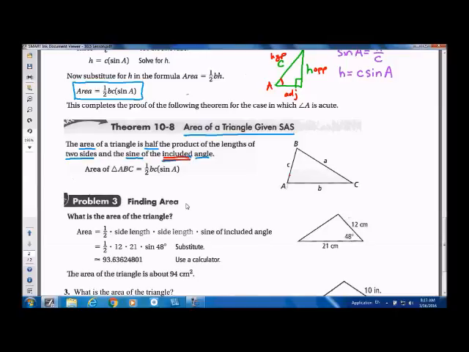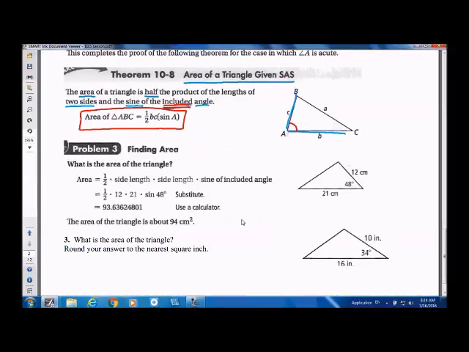So if I have the measure of angle A and the length of the 2 sides, so that that angle is included, I have a formula to find the area of that triangle. So let's look at an example here. I have a triangle.